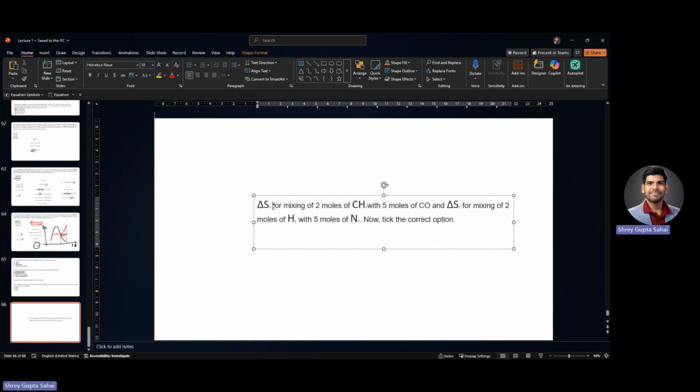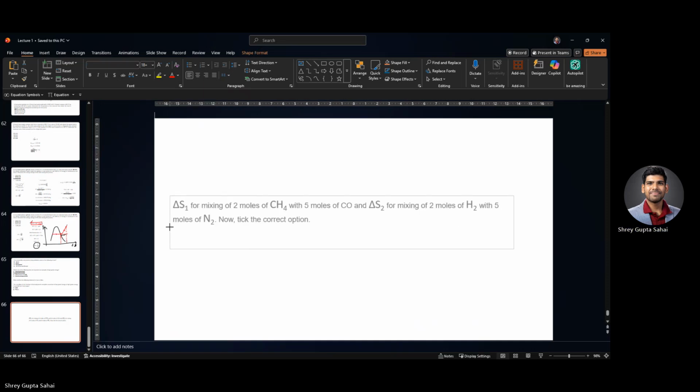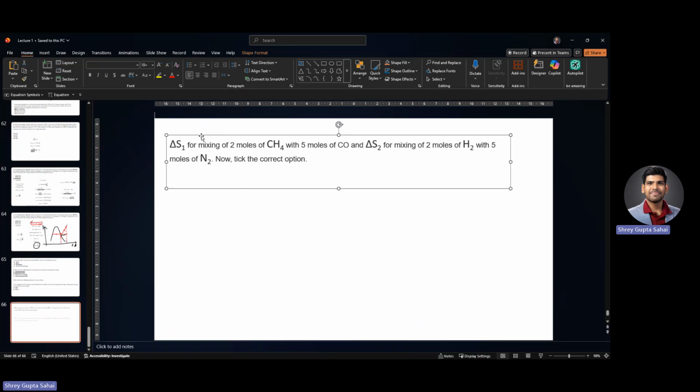Say you are mixing... Okay. We need to tell the relation between n delta S1 and so on.